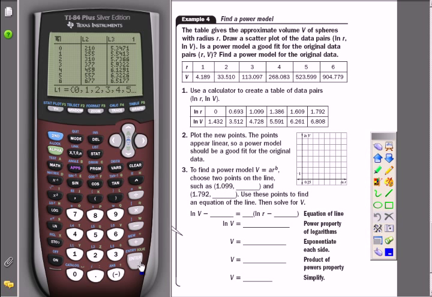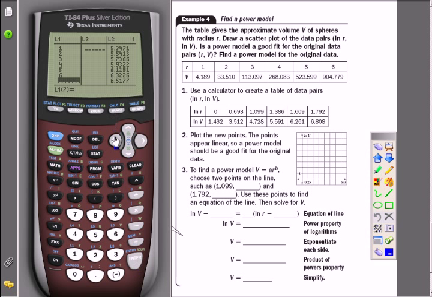We're going to clear out list 1 and list 2 because those are the default lists on your calculator. We're going to go 1, enter, 2, enter, 3, enter, 4, enter, 5, enter, 6, enter.